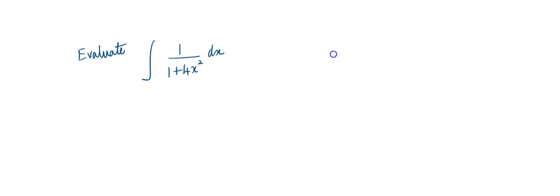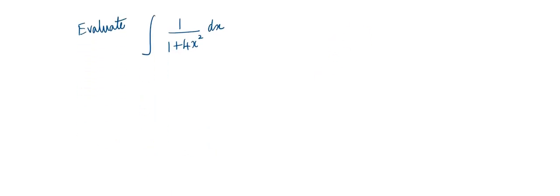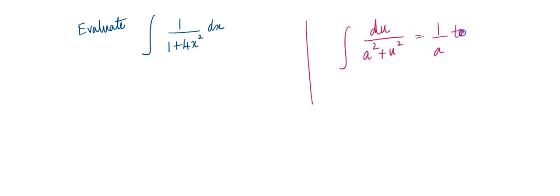So come down here and utilize that. Let's write the formula by the side. So that's integral du over a squared plus u squared, which is 1 over a tan inverse of x over a plus c.